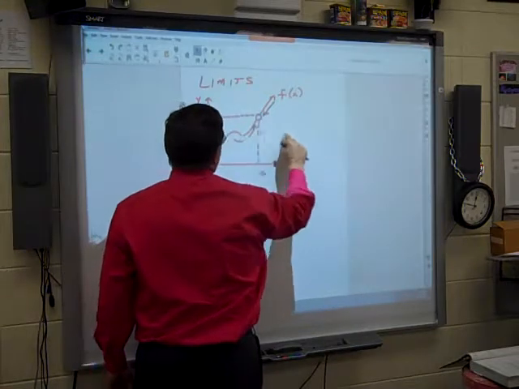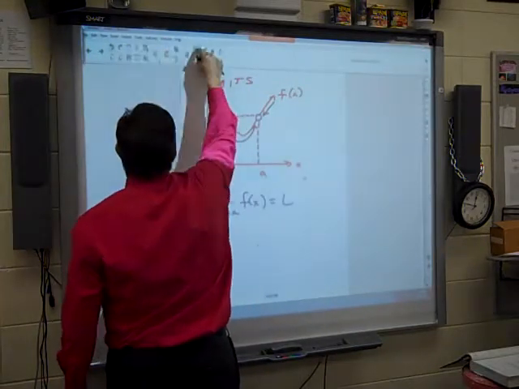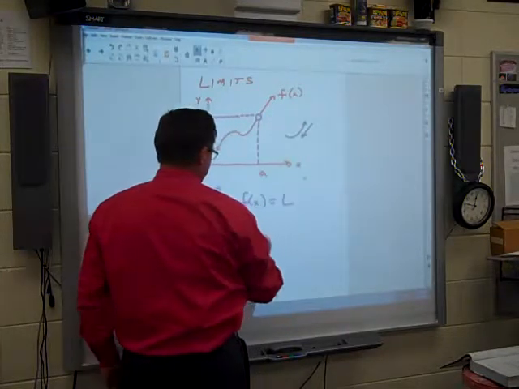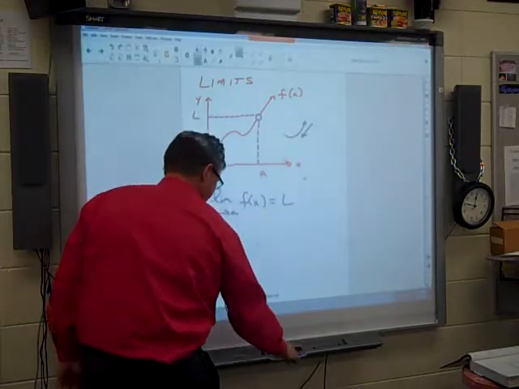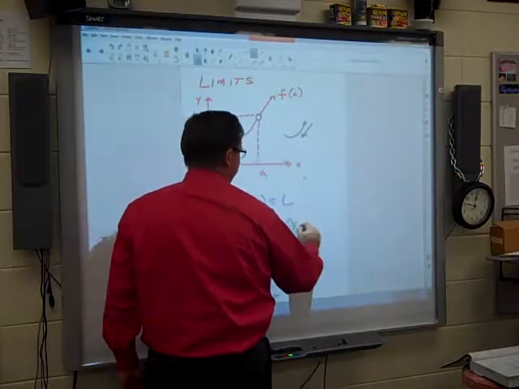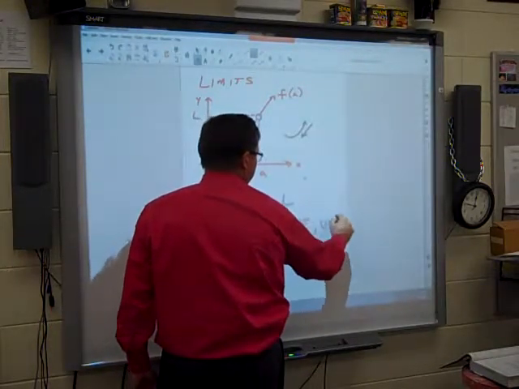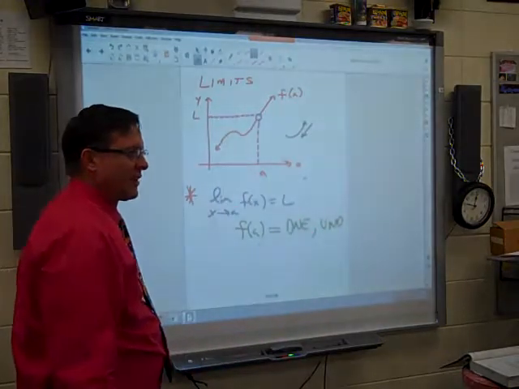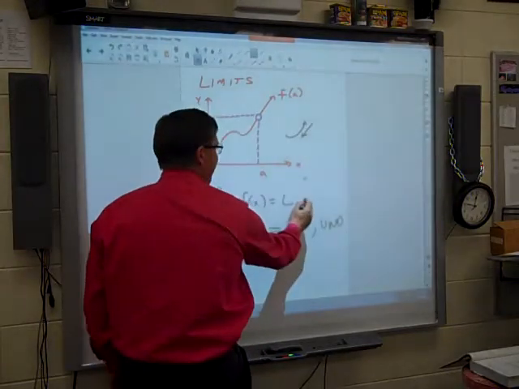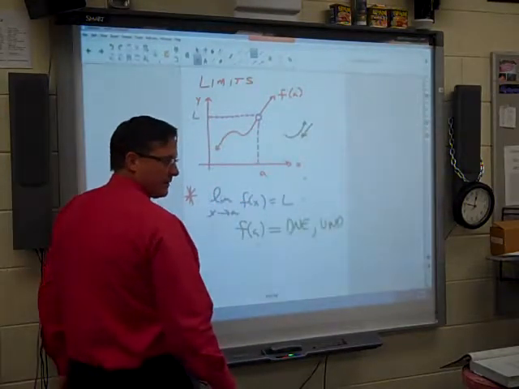But the next question I'm going to ask, what's the value of f of a on this function? Does not exist or undefined. I don't care which notation you use. It doesn't exist. It's not part of the domain. But it still has a limit, okay?